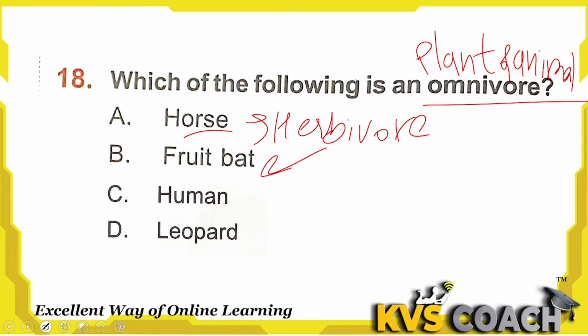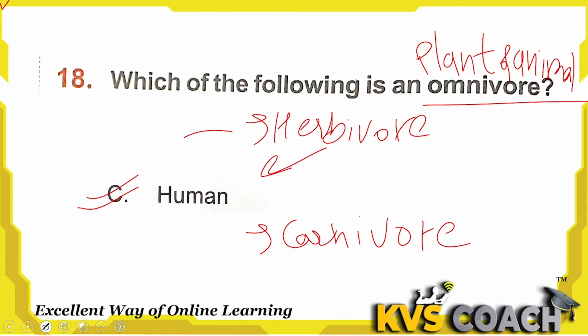Fruit bat is also herbivorous because it eats only fruit, or sometimes they suck the nectar from the flower also. Option C is human, and human is the right answer here because humans are omnivores. They eat plant and animal both. Option D, leopard. Leopard is a carnivorous animal. Carnivores are the animals that eat only flesh or animals. But the right answer for omnivore is option C, human.